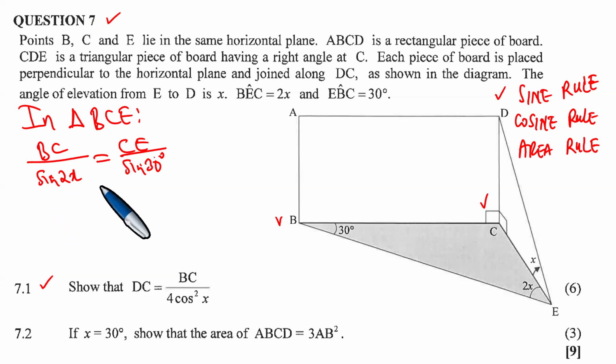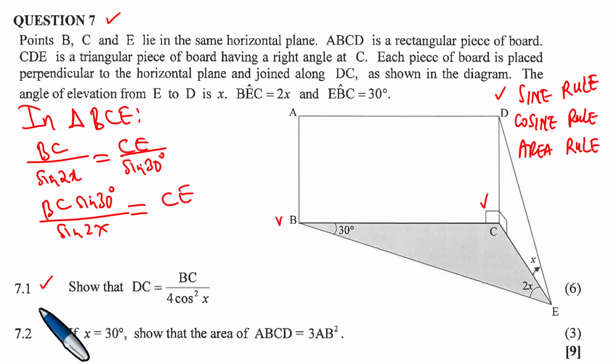Right, so if you make CE the subject and cross multiply, CE is going to be exactly BC sine 30 divided by the sine of 2x.